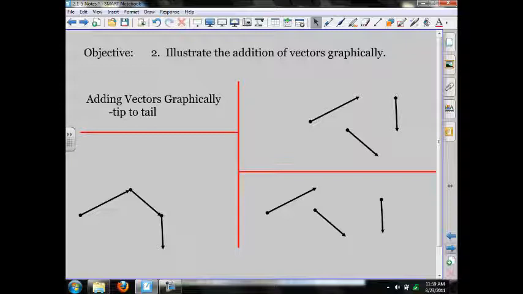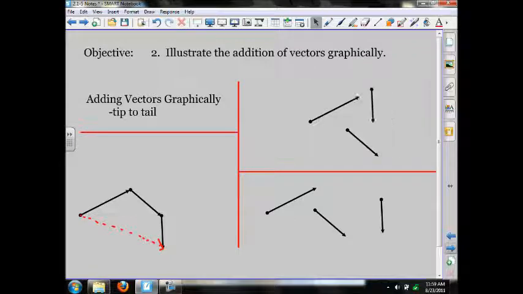Right? In order to get the resultant, where do I start? From the beginning, and I go to where I ended, right? So that would be my result. All right. What if I switched around the order that I added it?